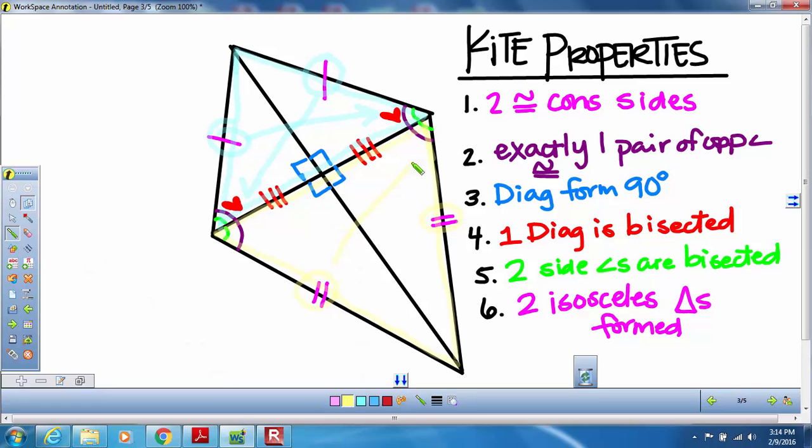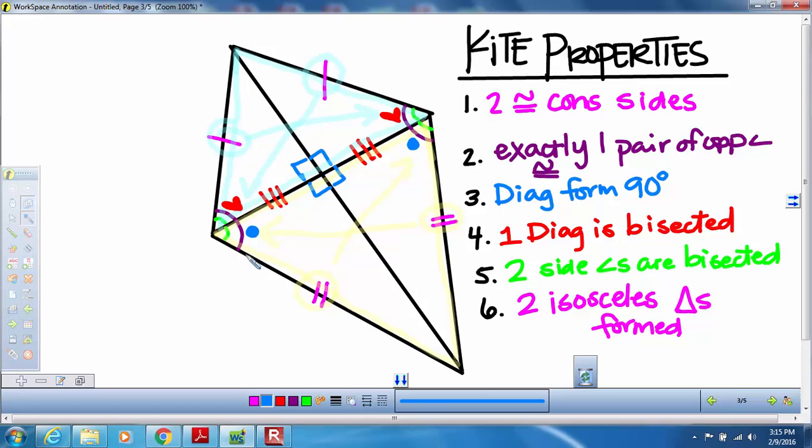The angle across here would be congruent to the angle across here. So this time I'm going to draw a dot. So this angle here is congruent to this angle here, which makes sense. We said this whole angle is equal. So a heart plus a circle would be the same thing as a heart plus a circle. So you can see how and why this whole angle is congruent to this whole angle.